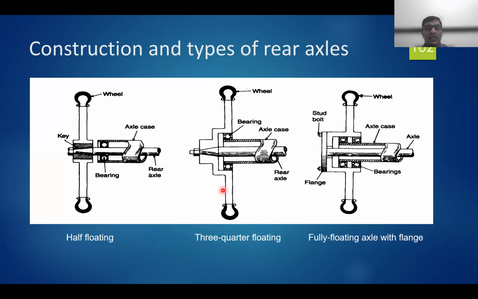Here you can see in 3/4 floating how the hub is mounted. Here it is bearing, so the wheel can freely rotate on the axle casing. So this is 3/4 floating.